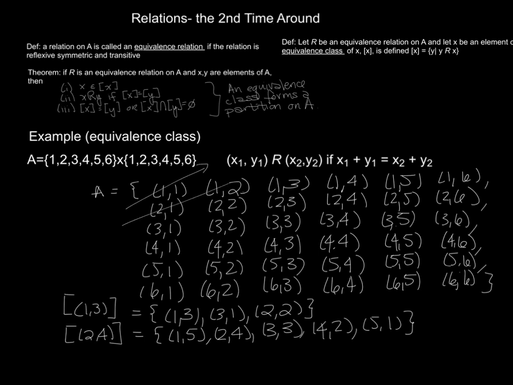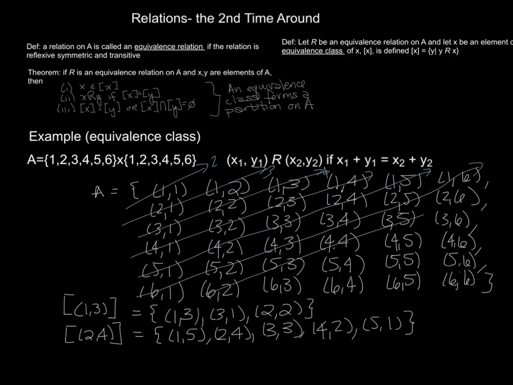They're basically everything on the same diagonal. So here's the equivalence class that sums to 2. This is the equivalence class that sums to 3. The equivalence class that sums to 4. This is 5, 6, 7, 8, 9, 10, 11, and 12.